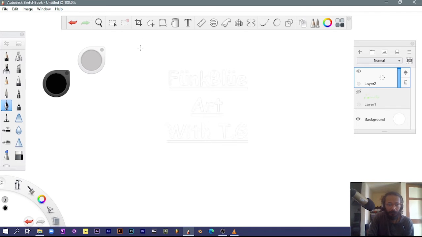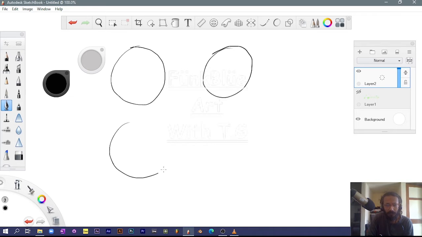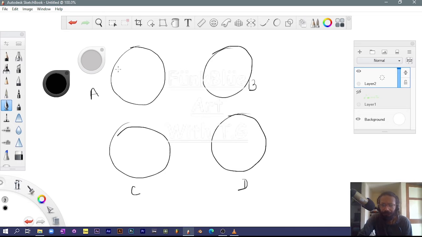So let's try. We have a circle here, a circle here, a circle here, and a circle here. All right, so we label these as A, B, C, and D. Let's see the characters of lines.